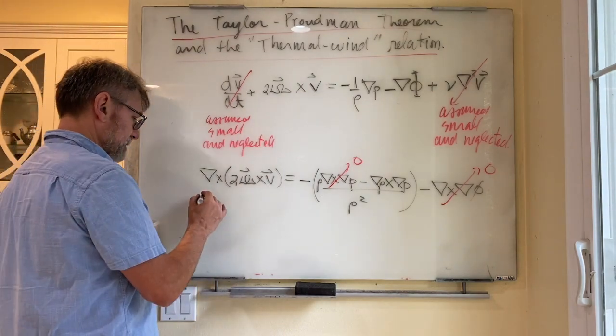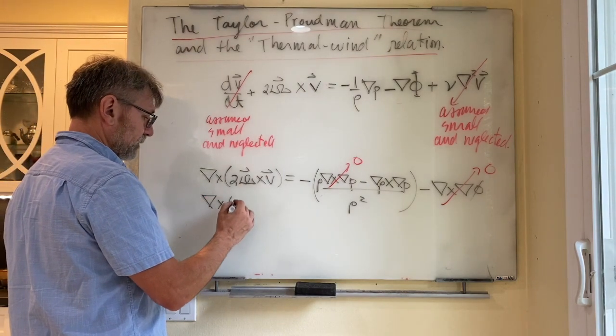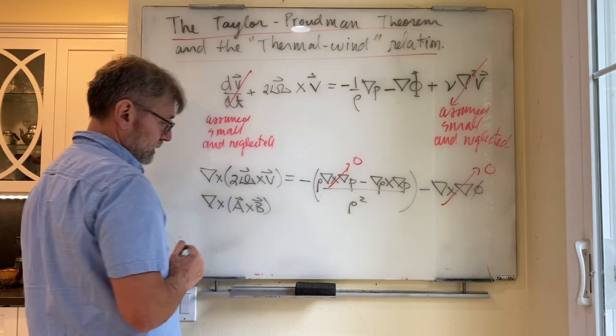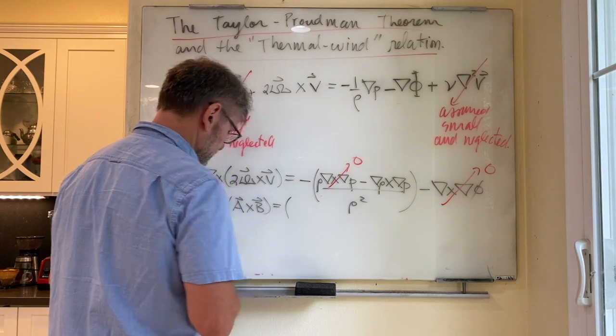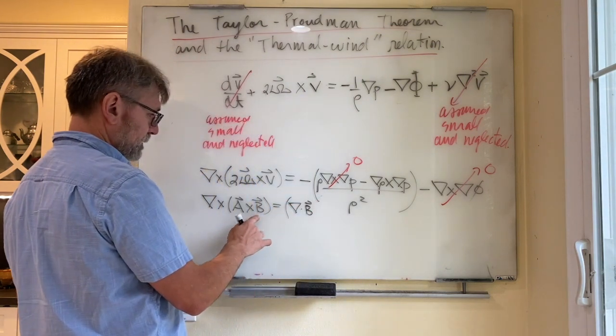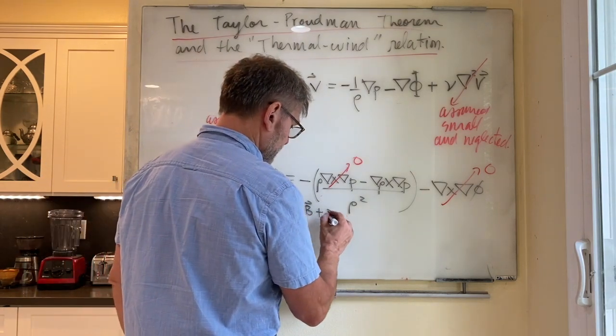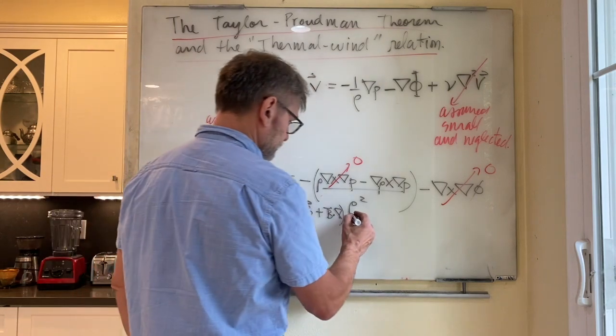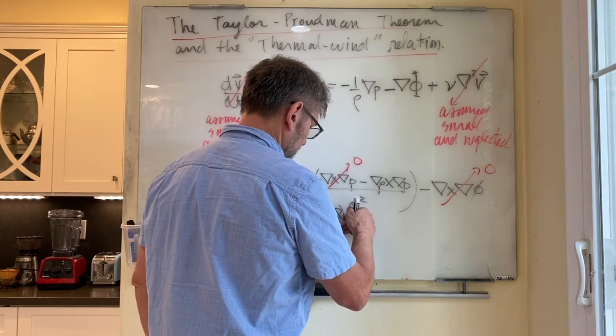So the curl of a cross product of two vectors, A cross B, can be written as the divergence of B times A plus B dotted with the gradient of A.